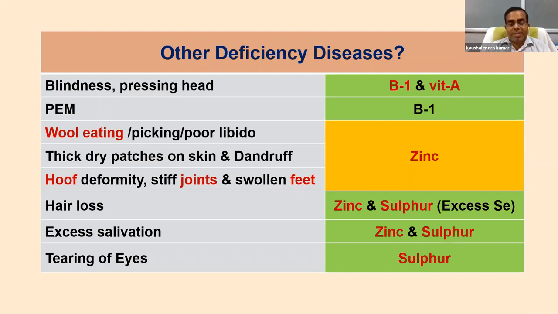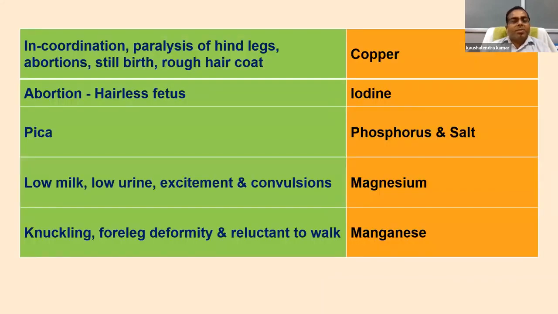Continuous salivation is there, and tearing of the eye, that is also known as epiphora. So it arises due to deficiency of sulfur, and continuous tearing happens in sheep and goat both due to deficiency of sulfur.